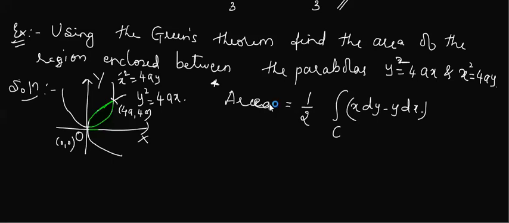I should not take the other green part. So tell me, does this whole curve include only one path, two paths, three paths, or four paths? How many different types of curves are involved?